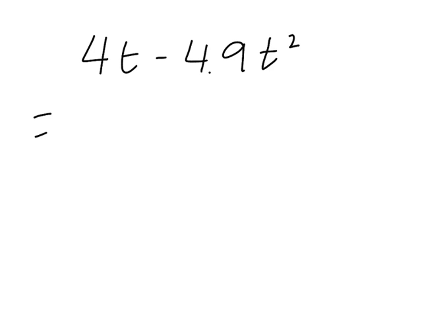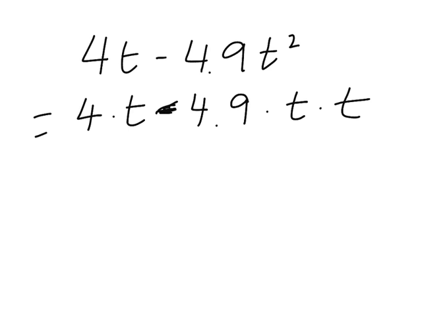One more example. Let's do 4t minus 4.9t squared. 4t is 4 times t. 4.9t squared, let's make this a subtract, is 4.9 times t times t.